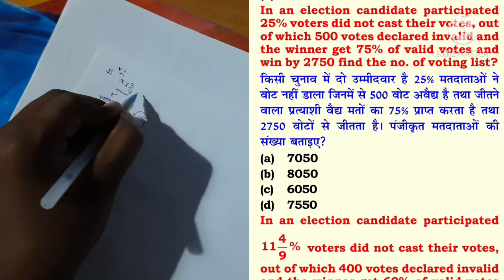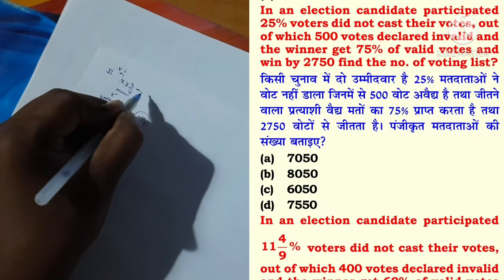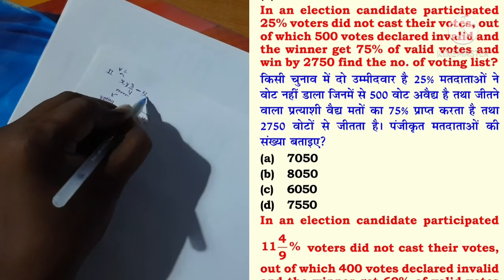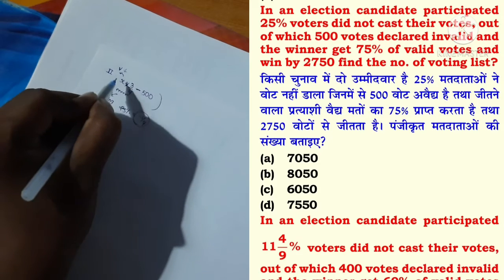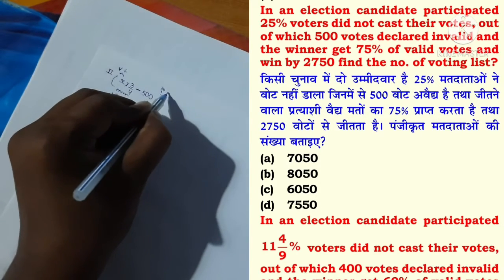Out of which 500 is invalid, so minus 500. So this total is valid votes.